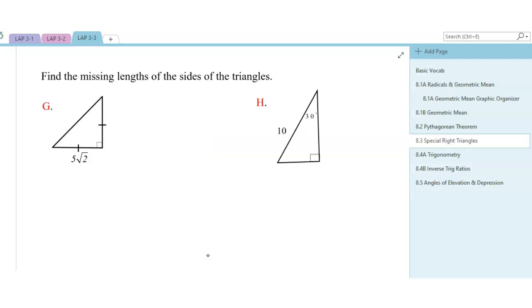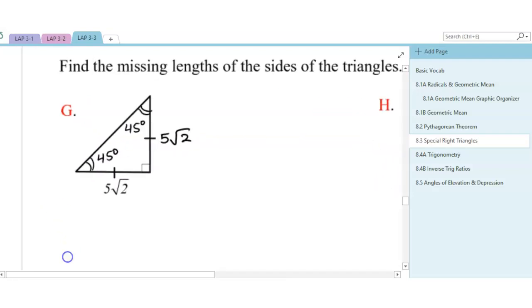So let's go ahead and look at the next ones that we have. So again, over here for G, I have an isosceles right triangle, which means this is going to be 5 root 2, and I'm looking at a 45, 45, 90 triangle. So I'm going to use my properties of 45, 45, 90. So realize that the side that's opposite 45 degrees is going to be L. And so my hypotenuse is going to be L root 2, which is going to be basically whatever L is.